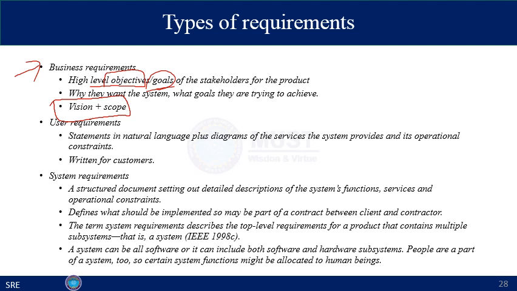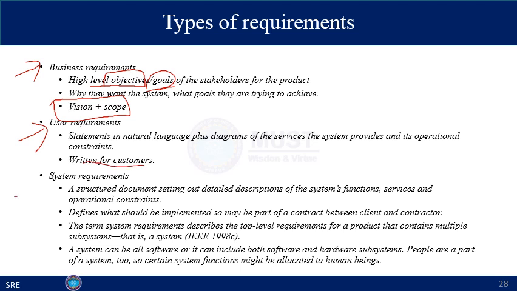So when you are done with the business requirements, you have to deal with the user requirements, that are statements in natural language plus diagrams of the services the system provides and its operational constraints. These are written for customers.